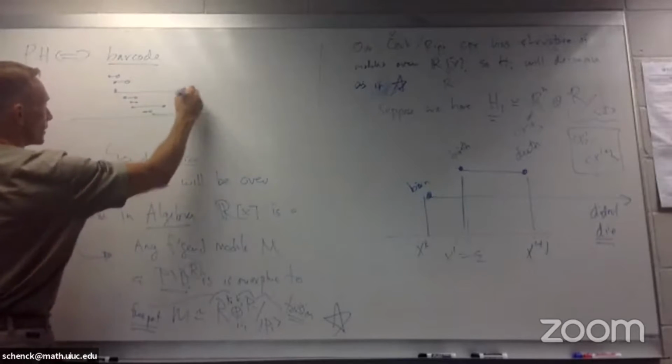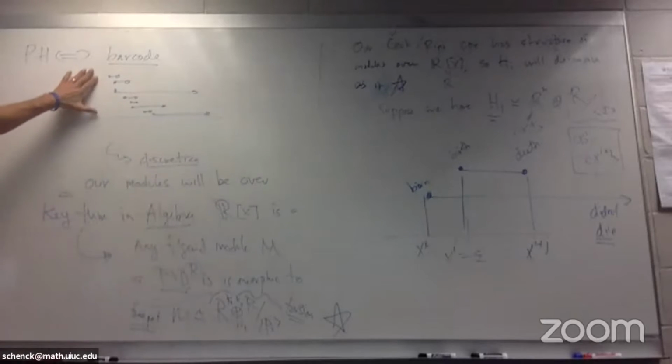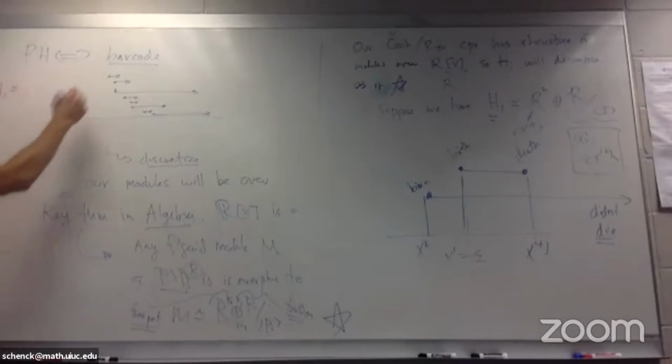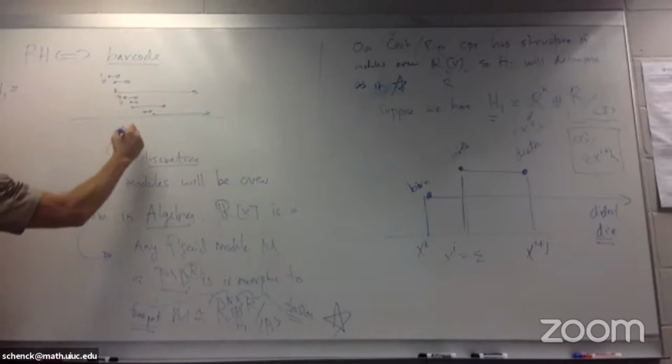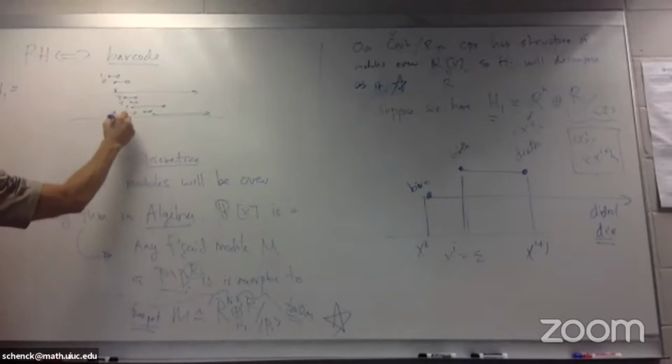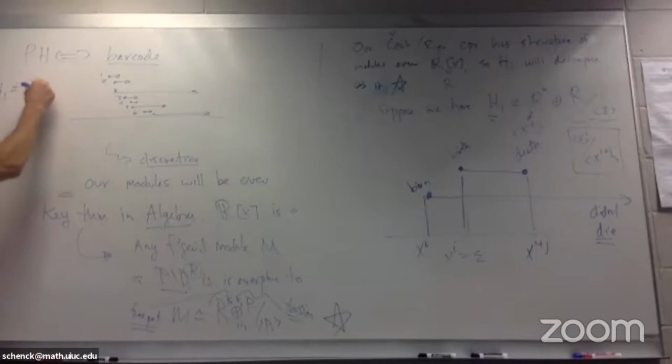What this is representing is exactly this decomposition. This is just representing that H1 decomposes as 1, 2, 3, 4, 5, 6 torsion components.